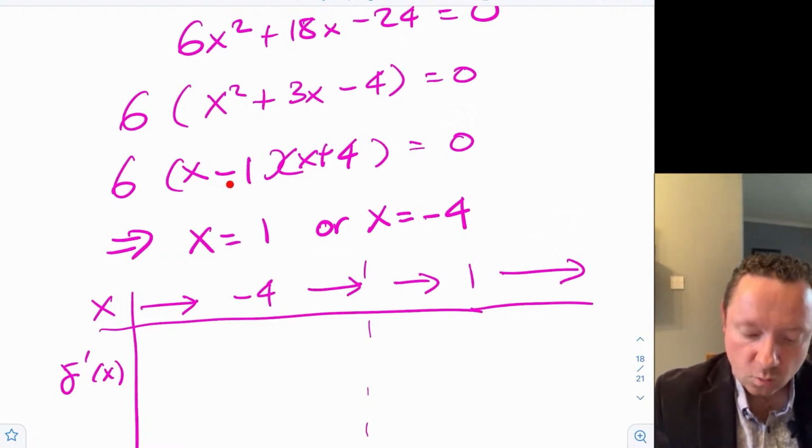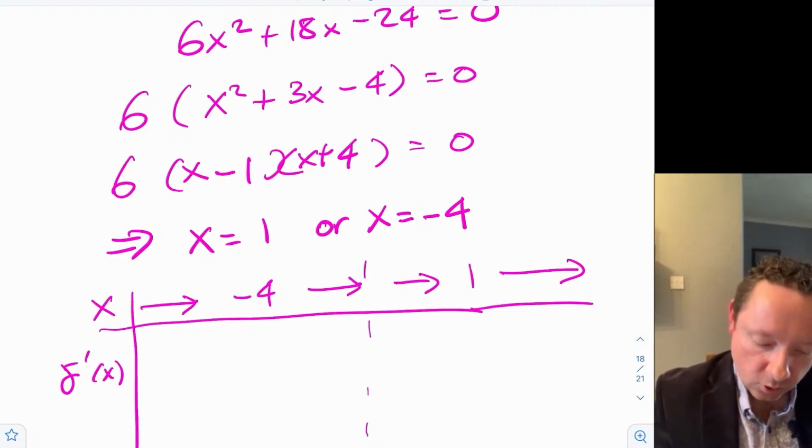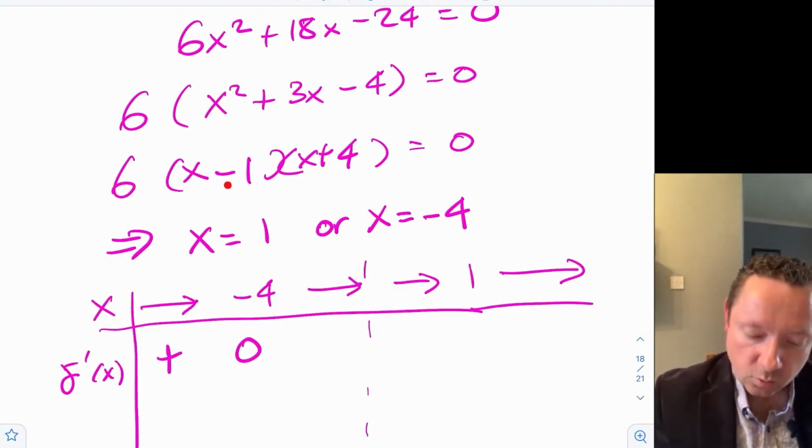Minus 5 minus 1 is minus 6. And minus 5 plus 4 is minus 1. A minus times a minus is a plus. So it's positive there. It's 0 here. Between these two numbers, let's just try 0 then. Minus 1 times 4 is minus. It's negative there, so it's still negative there. It's 0 there. And then a positive number like 2.